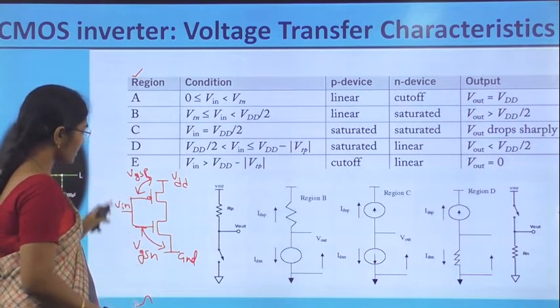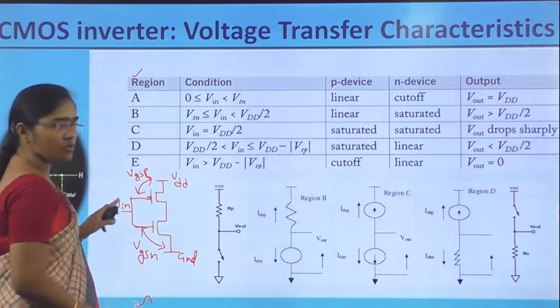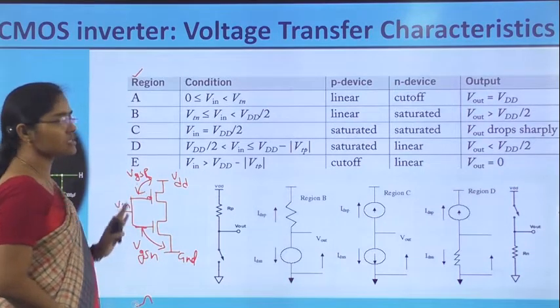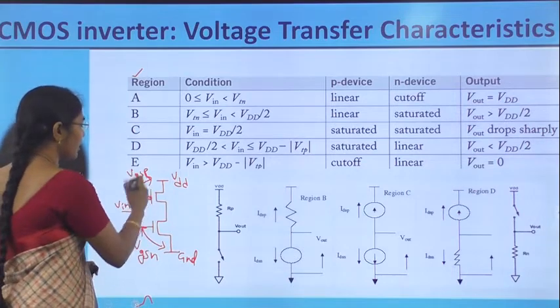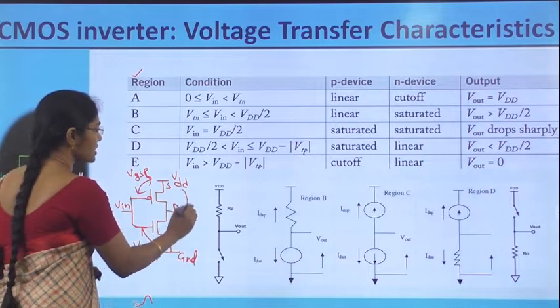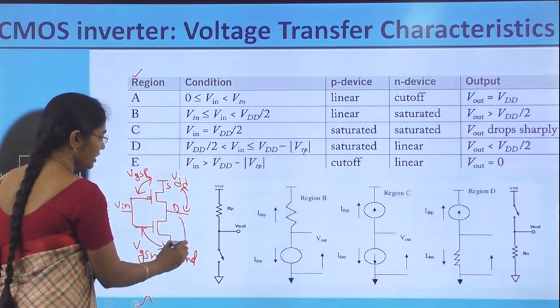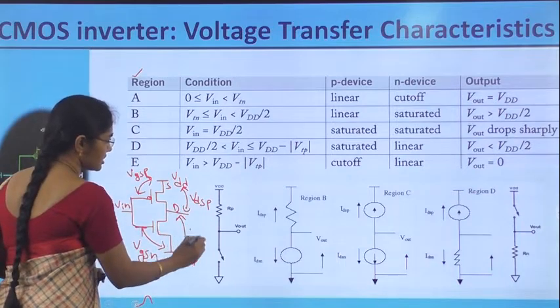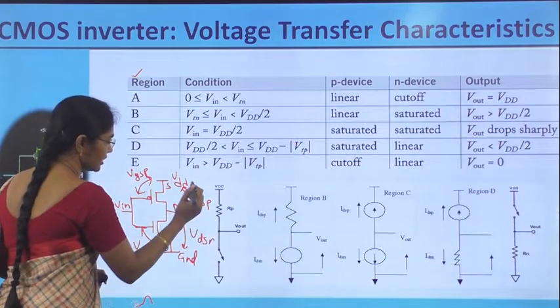So the equations are VGSN is equal to Vin and VGSP is equal to Vin minus VDD. This is the drain point and this is the source. So this is VDSP and this is VDSN.